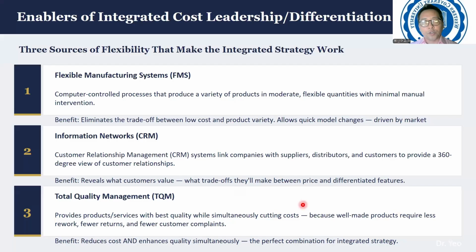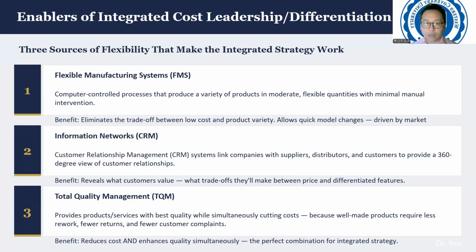So let's continue, okay? Executing. How do we execute the integrated strategy successfully? It requires three factors. First, flexible manufacturing systems. In traditional manufacturing, there's an inherent trade-off between variety and efficiency.